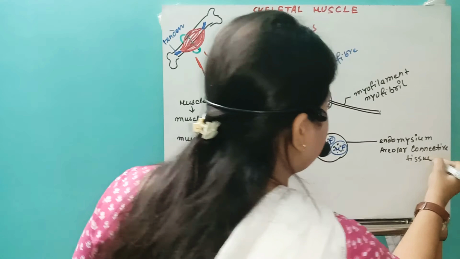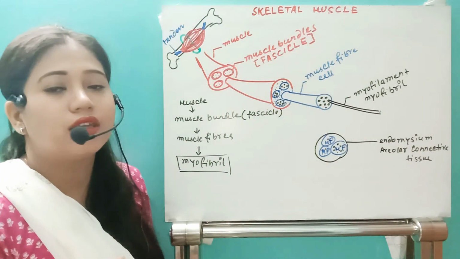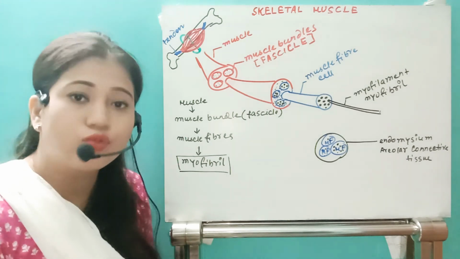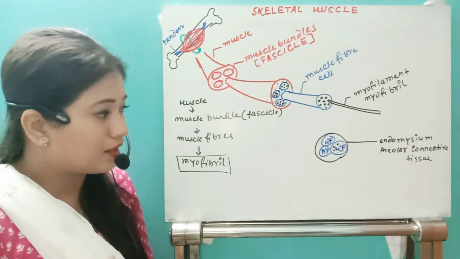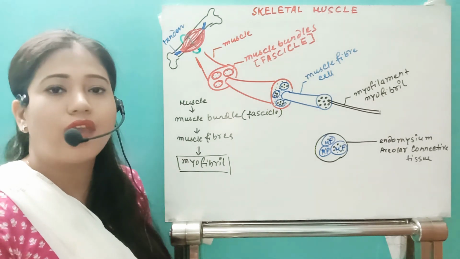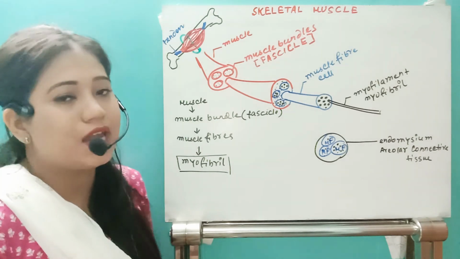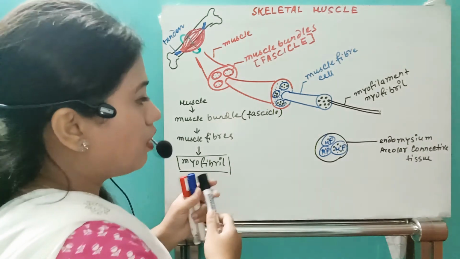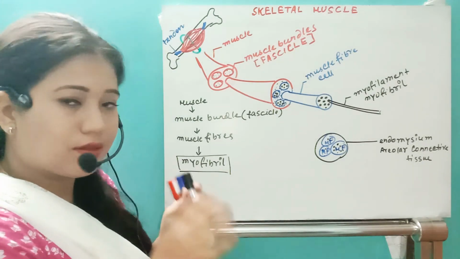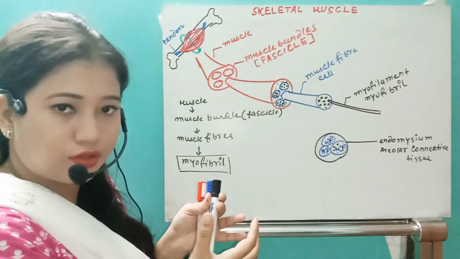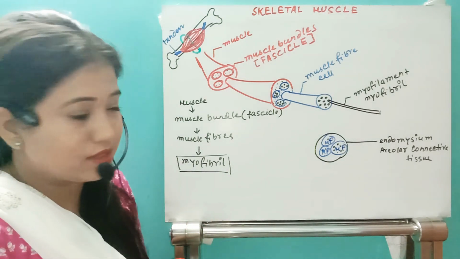And we know what areolar connective tissue is: it is the connective tissue proper or loose connective tissue. Wherever we have empty space, that will be filled up by areolar tissue. So suppose these fibers have to be grouped by one membrane, that will be known as the endomysium.